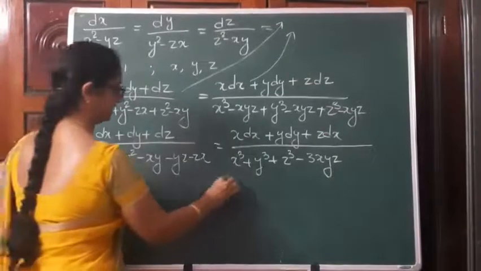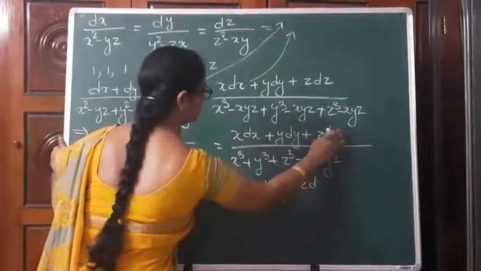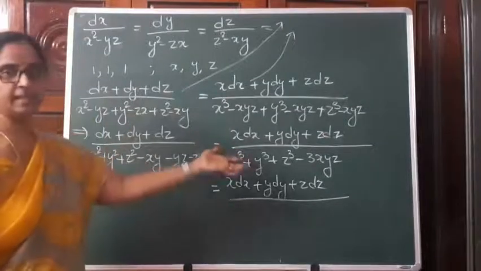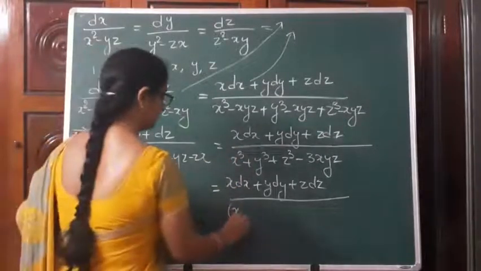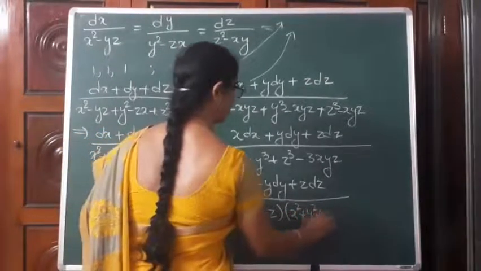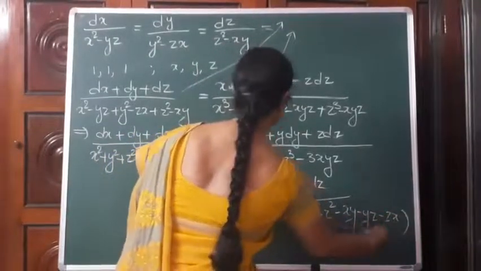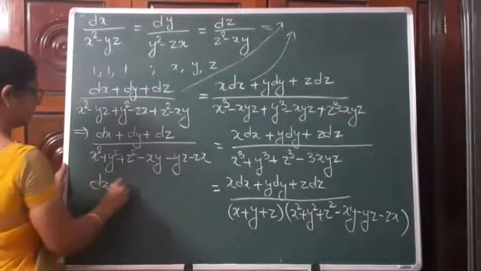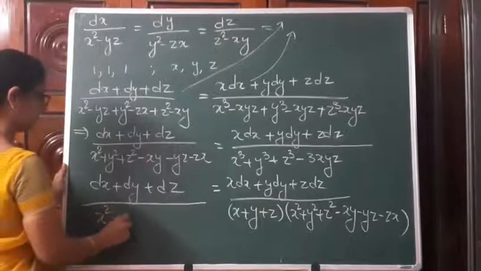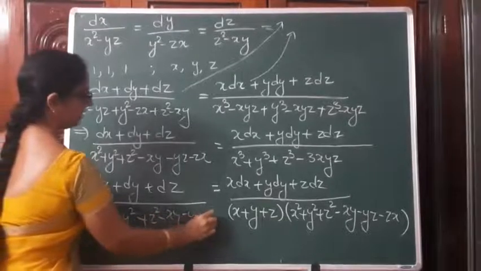Now x dx plus y dy plus z dz divided by x cube plus y cube plus z cube minus 3xyz, which can be written as x plus y plus z into x square plus y square plus z square minus xy minus yz minus zx, is equal to dx plus dy plus dz divided by x square plus y square plus z square minus xy minus yz minus zx.